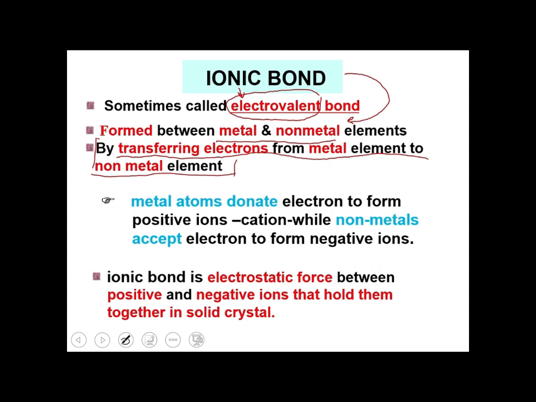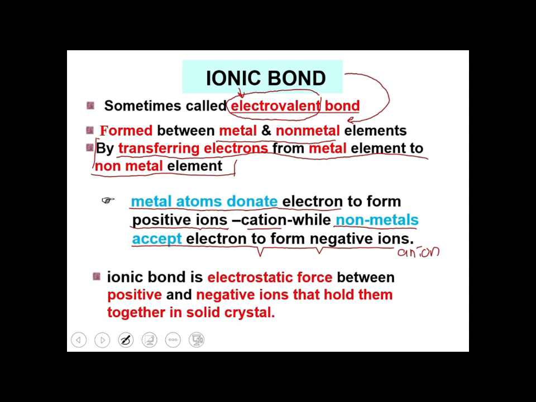So what happened? Firstly, metal will donate electrons to form a positive charge ion. We call it a cation. Non-metal will gain or accept electrons to form a negative ion that we call an anion. But this is not the definition of ionic bond.